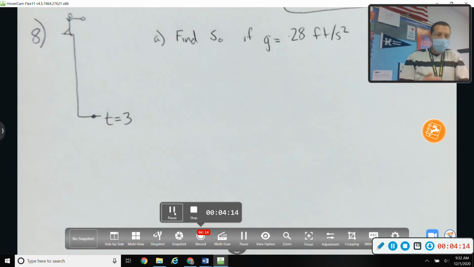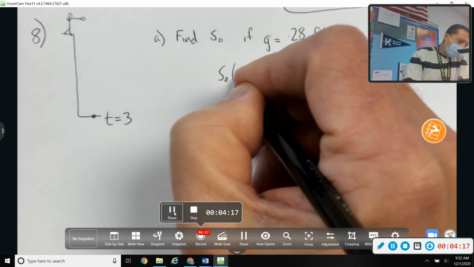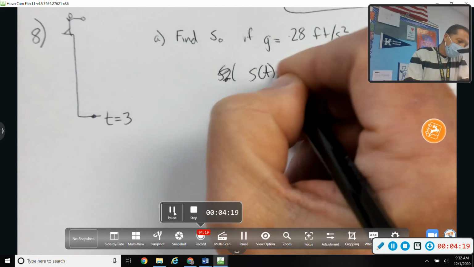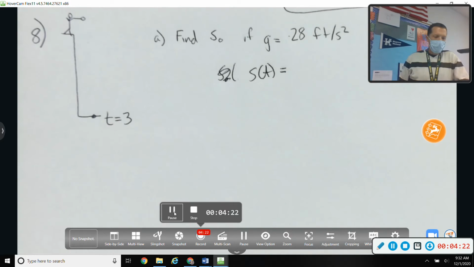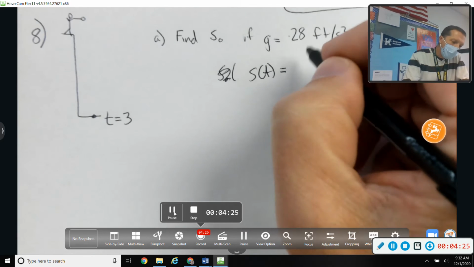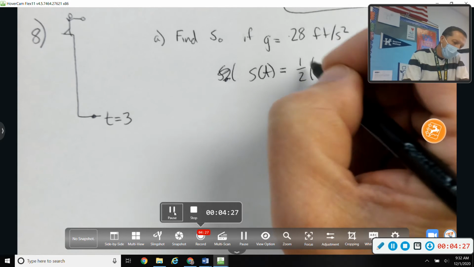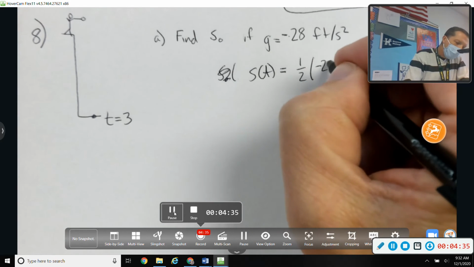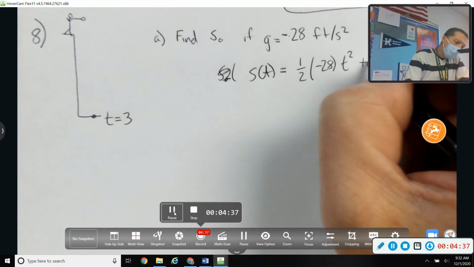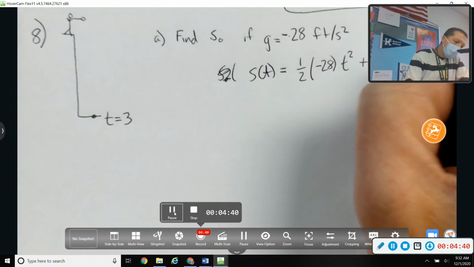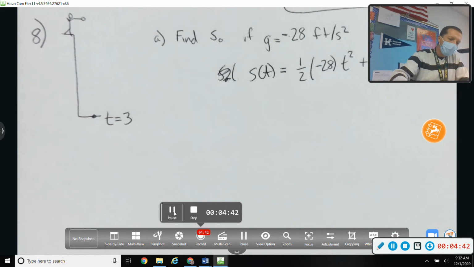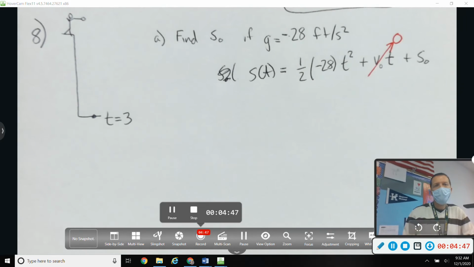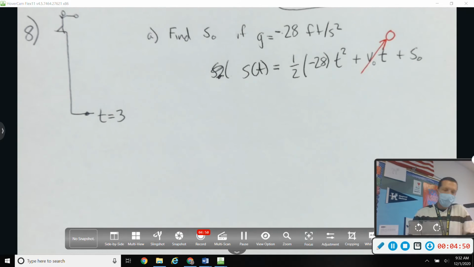Okay, well, almost always, you've maybe noticed, I'm going to write S of t and V of t, and then I'll figure out what I know and what I need to know. So S of t is 1/2 g. It would have been better if they'd labeled that negative, because we know gravity is always pulling us down. 1/2 negative 28 t squared plus V0t plus S0. Another one where V0 is 0 because the astronaut dropped it, so we don't have to worry about that part.